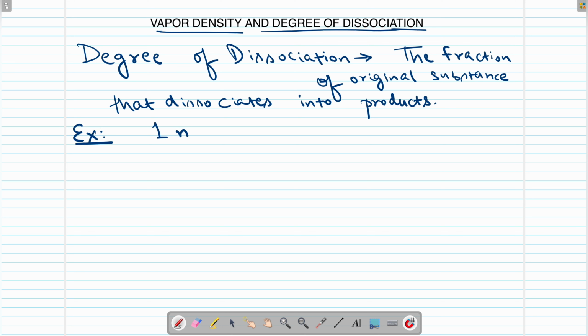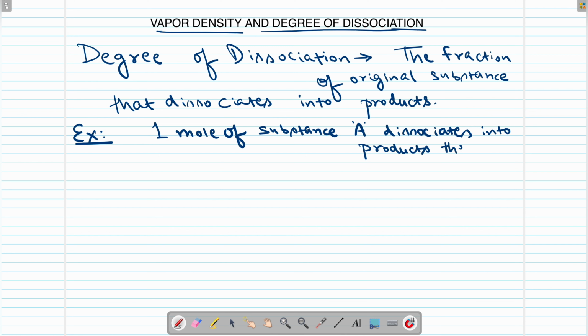Like an example, here we write 1 mole of substance A dissociates into products B and C. Then we can write this equation.